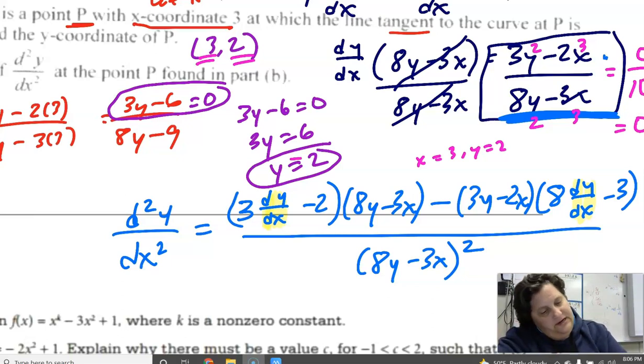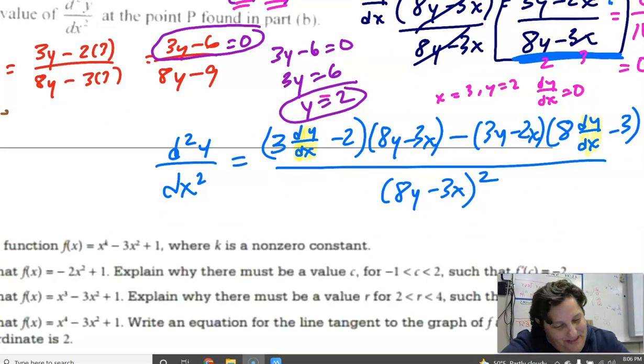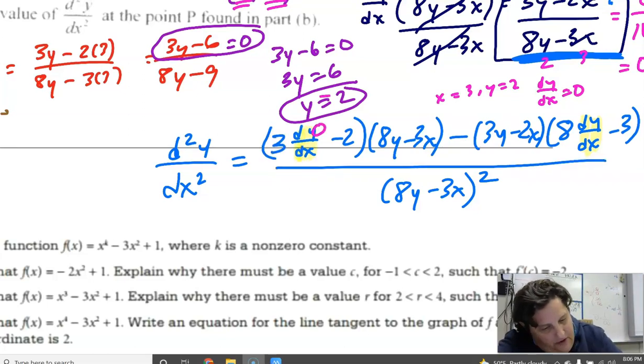Oh, that was so dumb of me. Of course dy dx is 0, because that was the whole point, that's where it had a horizontal tangent. Okay, Mitchell, think. All right. Here we go. 3 times 0 minus 2. So that's going to give me negative 2.